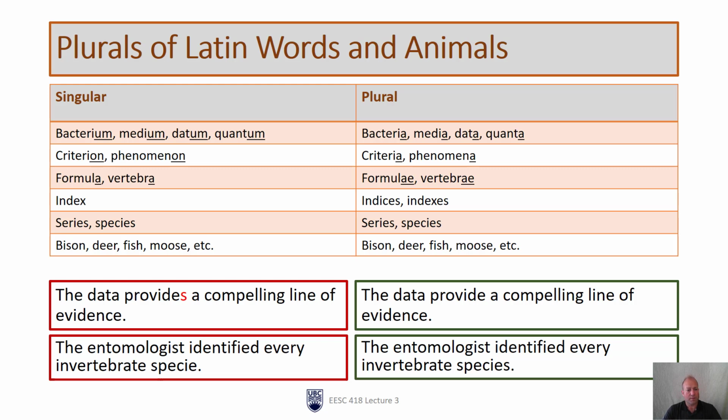I will come back to talk about the first 3 categories here. These are different Latin words. The reason I'm going to come back to these is because there are a lot of other words that we will use that fall into these same categories. Once you're used to seeing this pattern, you can generally tell what the singular or plural of a word will be because it follows a regular pattern.